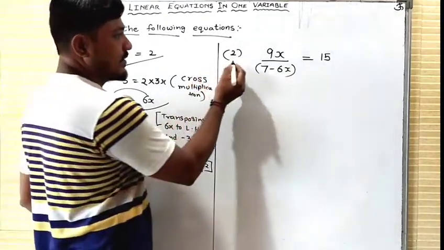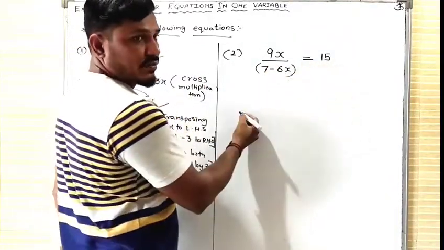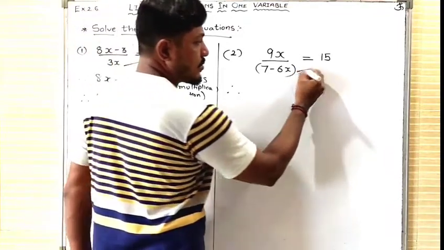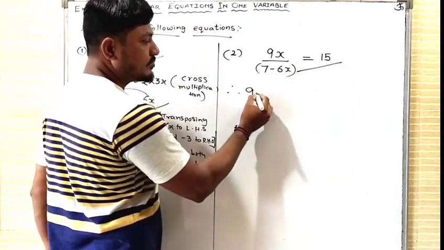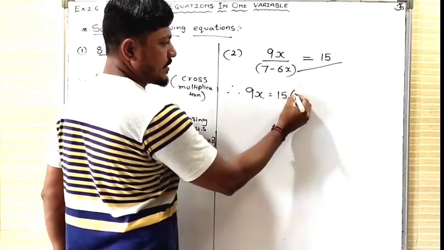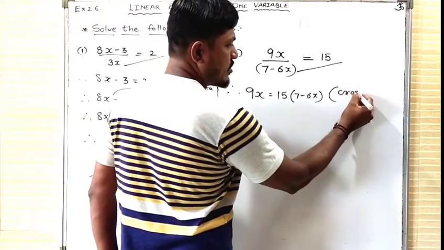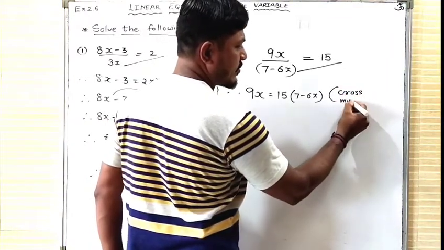Now let us do the second one. 9x divided by 7 minus 6x equals to 15. So here also same thing. You have to cross multiply this value. This as it is, 15 also as it is, and it will go beside 15. 7 minus 6x. Here in bracket you have to write cross multiplication.